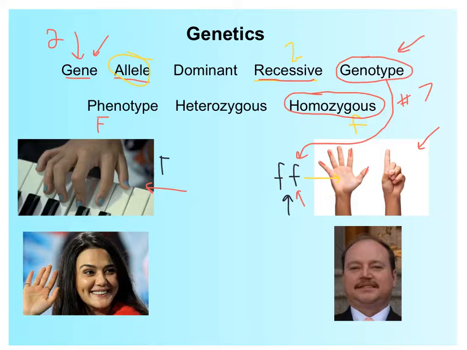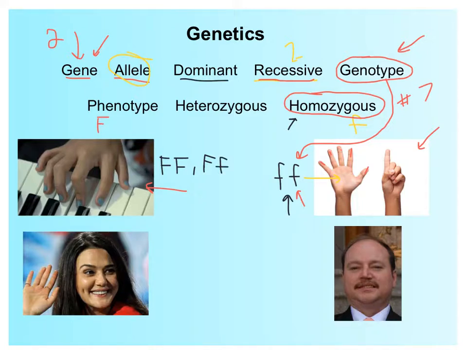They can be big F, big F, so they got 2 dominant alleles. That's homozygous again because they're the same. So they're homozygous dominant this time. So they got a big capital F from their mom and a big capital F from their dad. Gives them 6 fingers. Now, the other possibility is you could have capital F, dominant allele, and 1 lowercase allele.